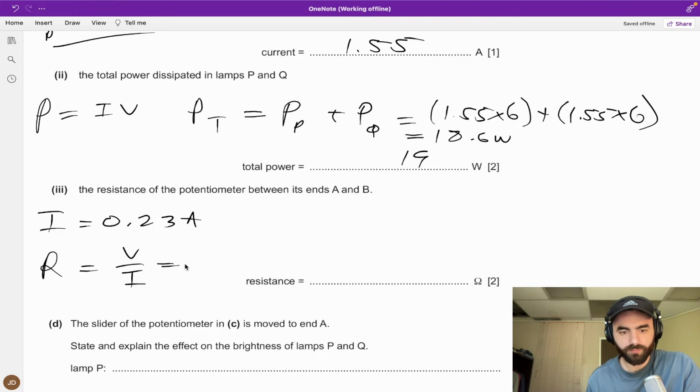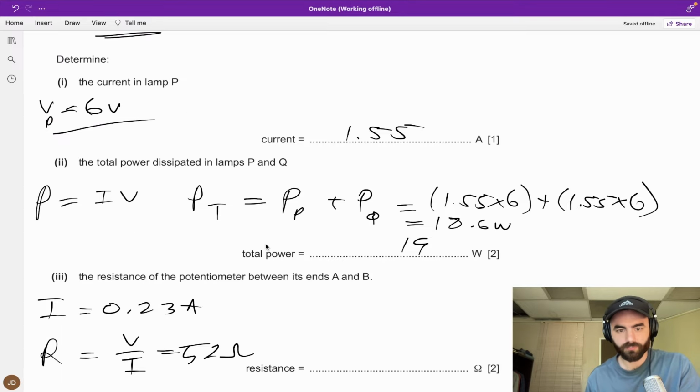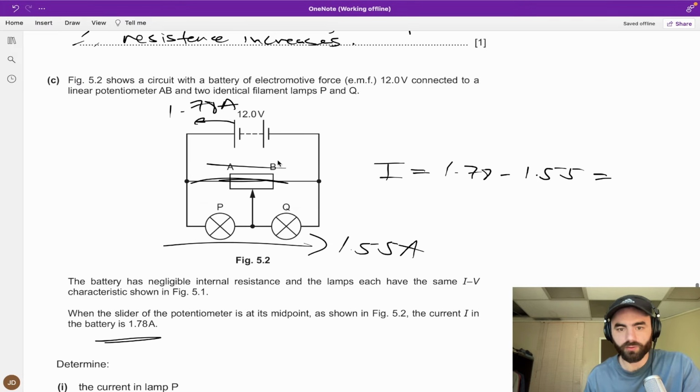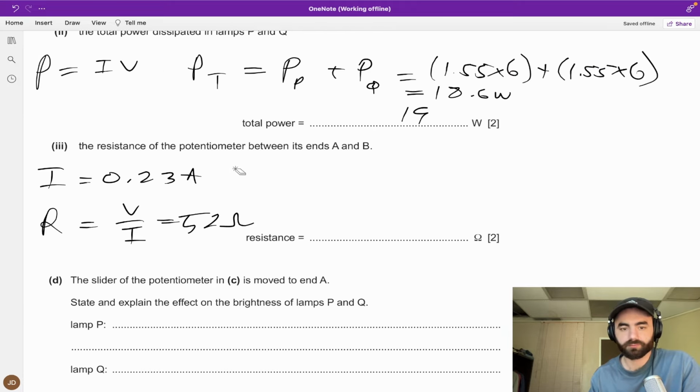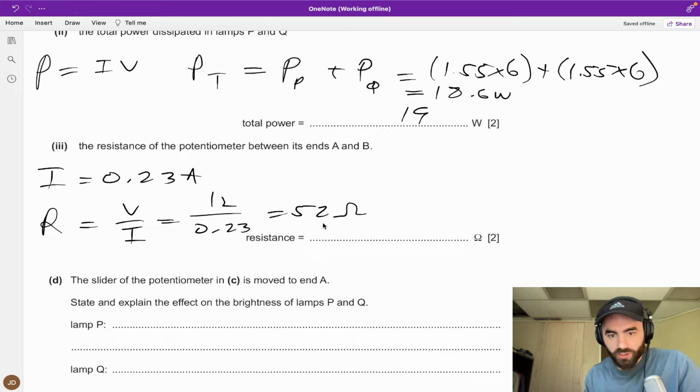So we have 12 volts going down here, like I said before, because this is an important concept. There's 12 volts going down here and 12 volts going down here. Voltage stays the same. It doesn't split like current. This is going to be 12 divided by 0.23, which gives 52 ohms.